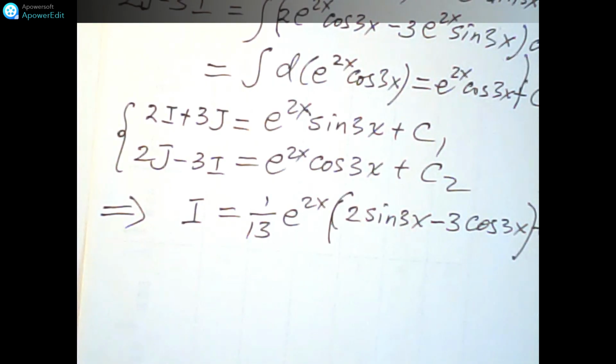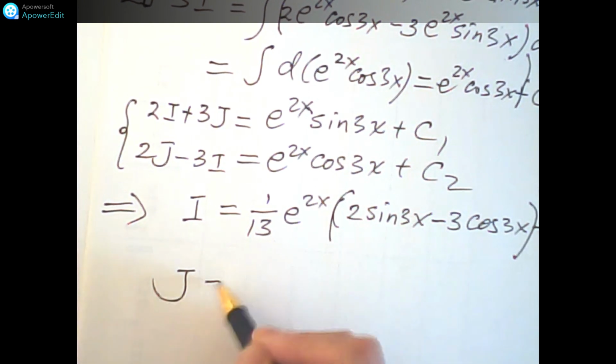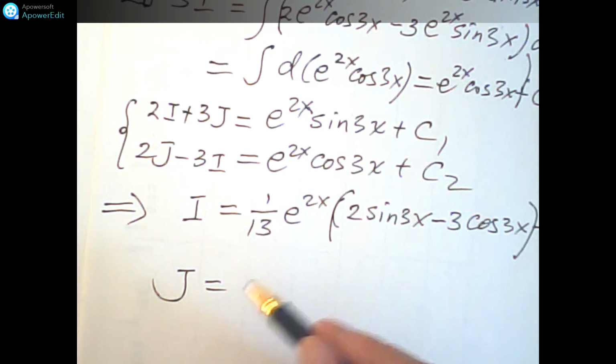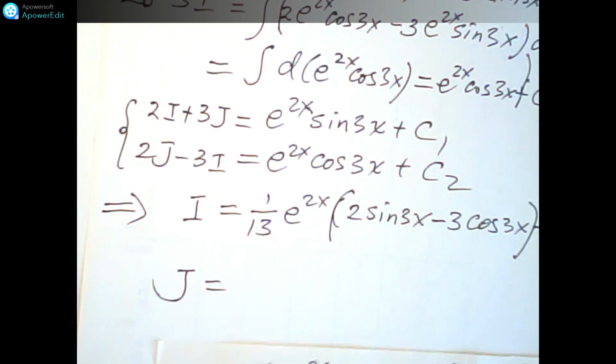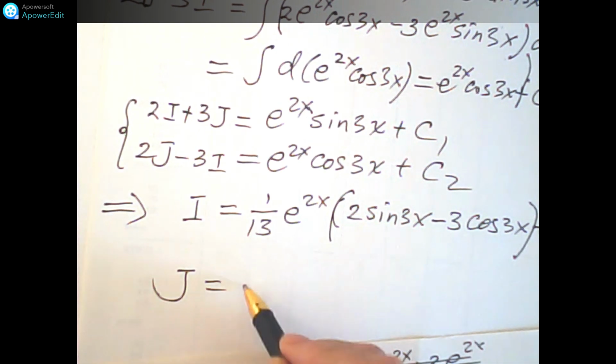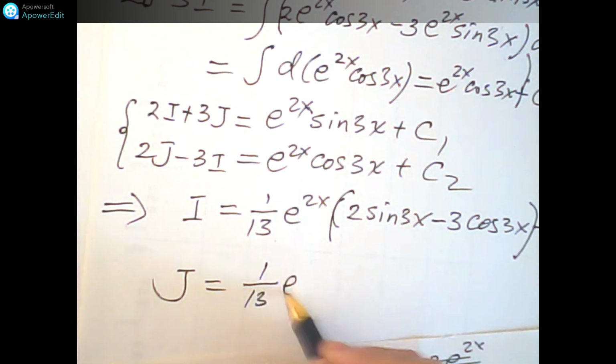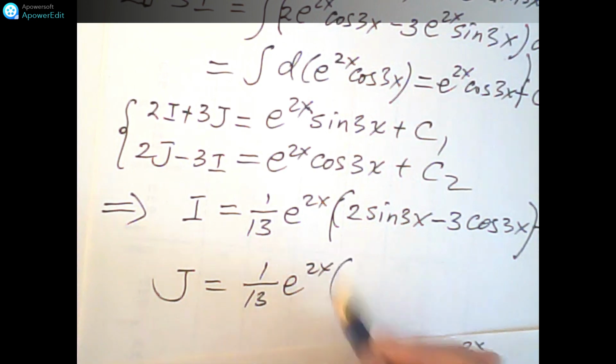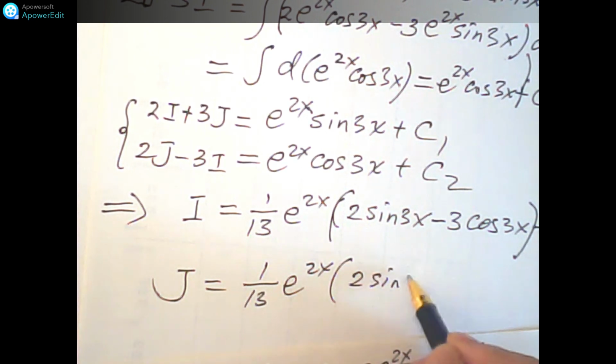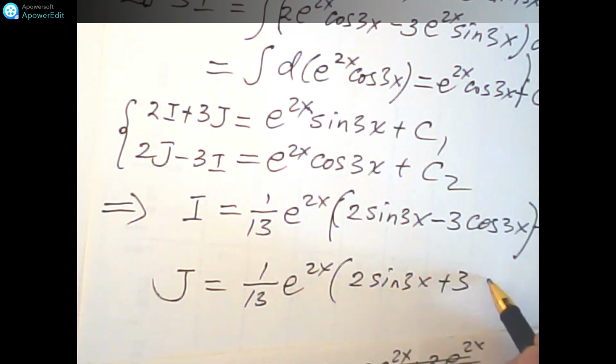Yes. I can get J too, right? If you want. I have to work out what is J. J is equal to 1 over 13 e to the 2x, 2 sine 3x plus 3 cosine 3x plus c.